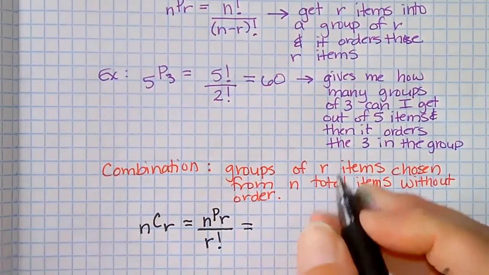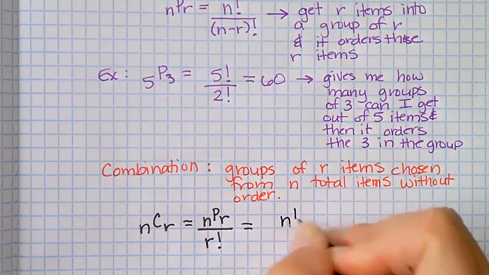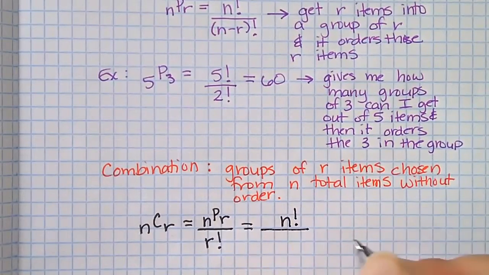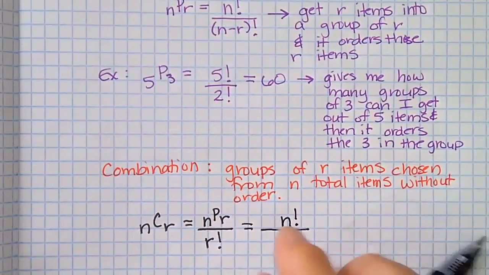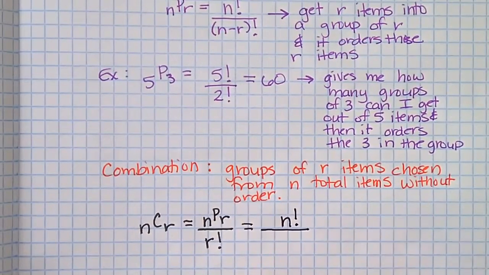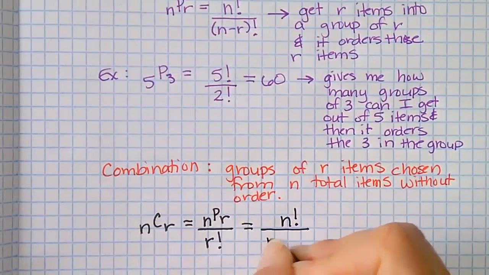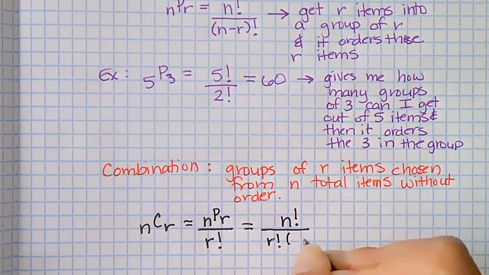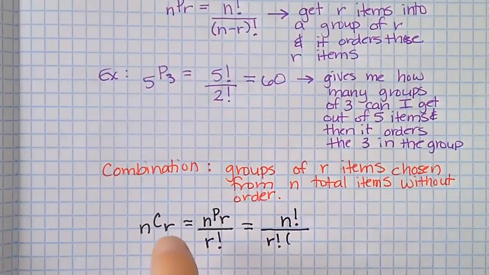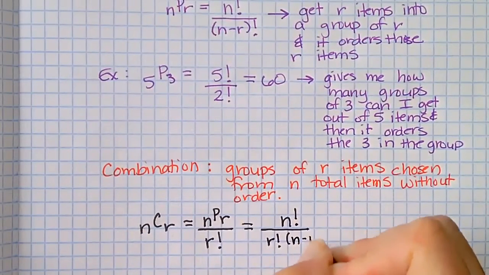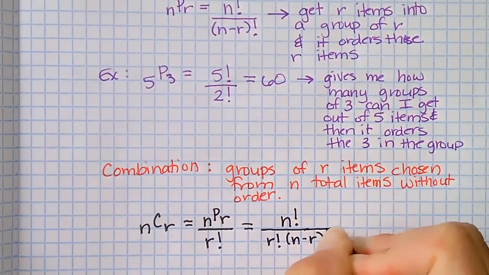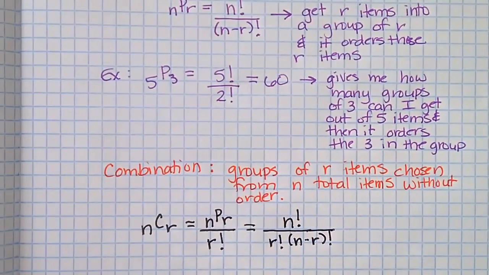Now, another way to write it is in factorial form, n factorial over. On the bottom, I'm going to have two things. The way I usually think about this is I take this number here, r, and this other number is what adds with r to get me n, which is really n minus r.